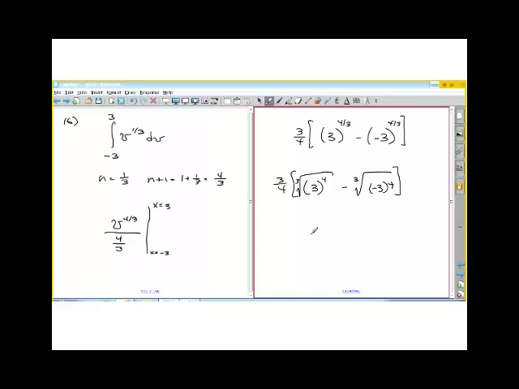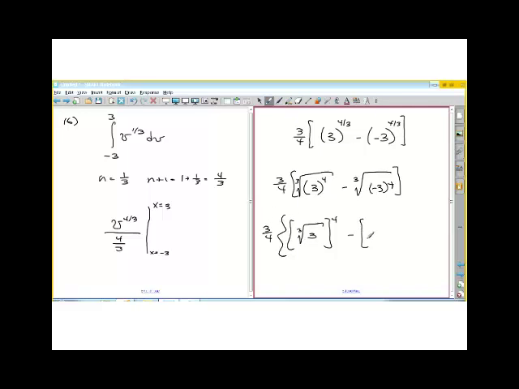Another way of writing it would be the cube root of 3, raised to the 4th power. Let's put this times 3/4.